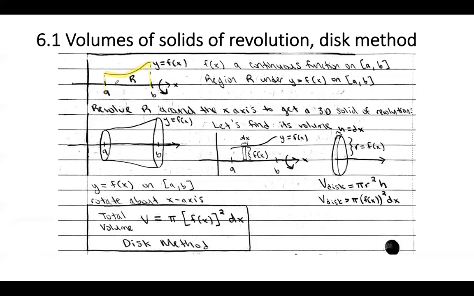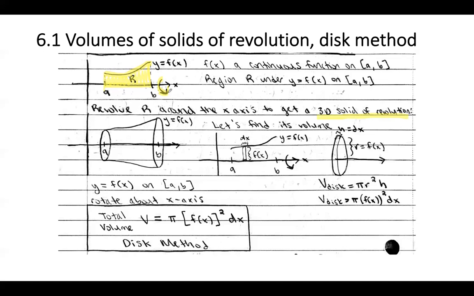And the region under the curve from these bounds will be R. So everything under this curve from a to b is R. If we revolve R around the x-axis, we'll get a 3D solid of revolution. So we're revolving this entire section around the x-axis.